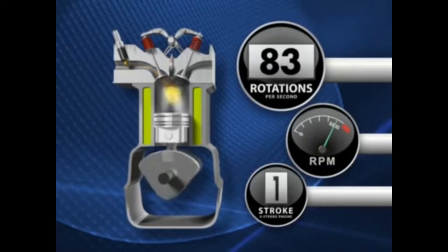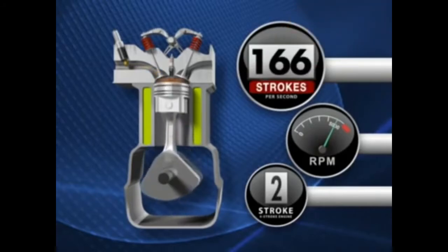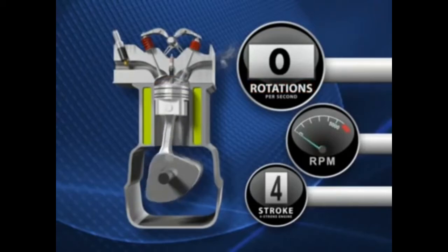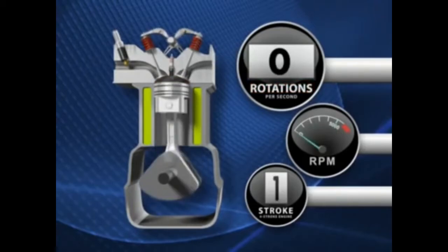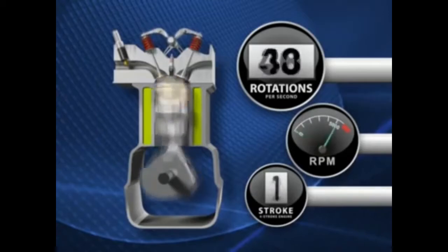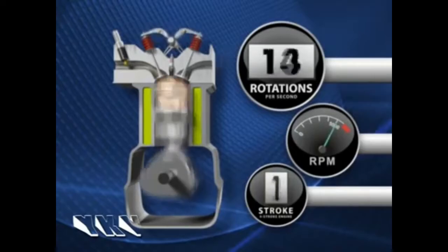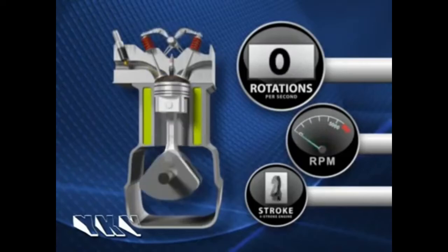Meanwhile, the piston traveled up and down 166 times in that same second. Want to see how fast that is? Now, that's fast. Let's see it again. Amazingly, the four-stroke EFI engine does this smoothly, quietly, and reliably for years and years of operation.